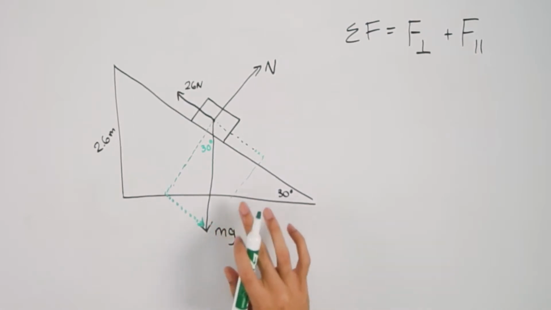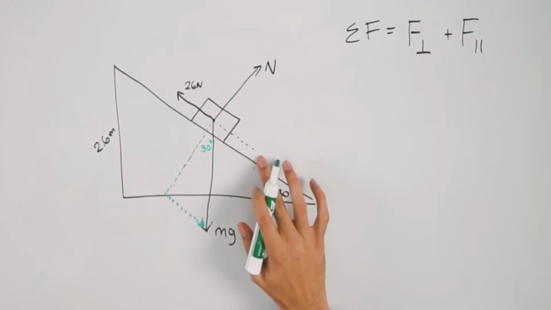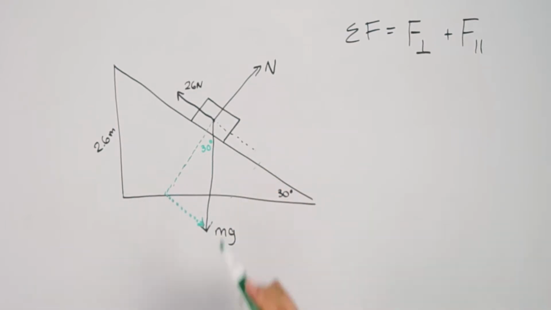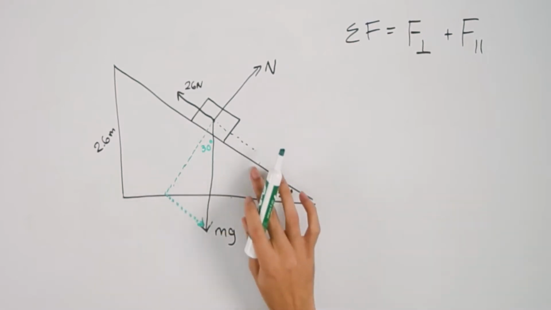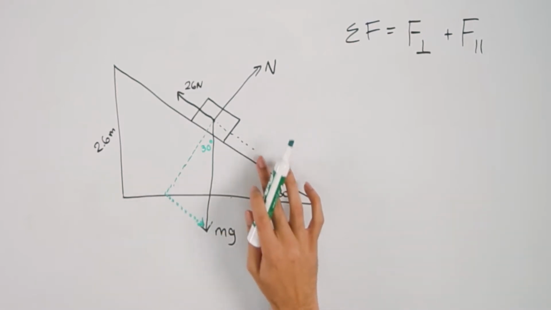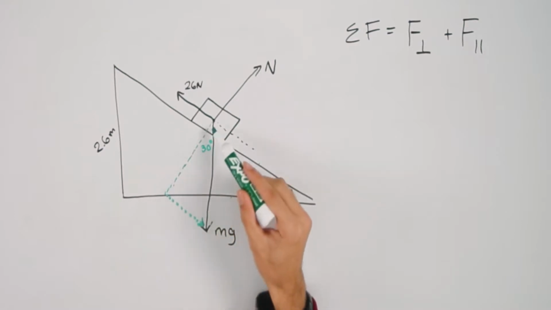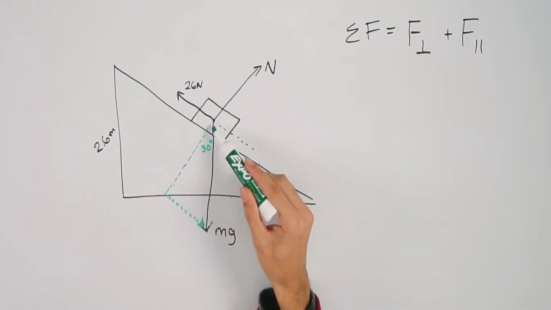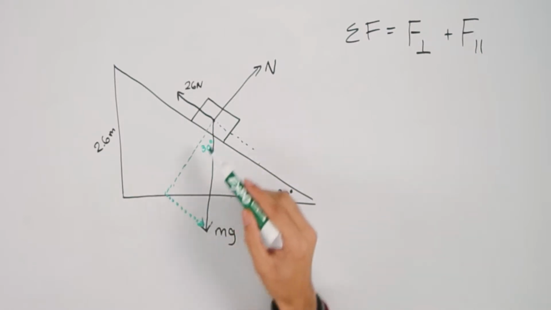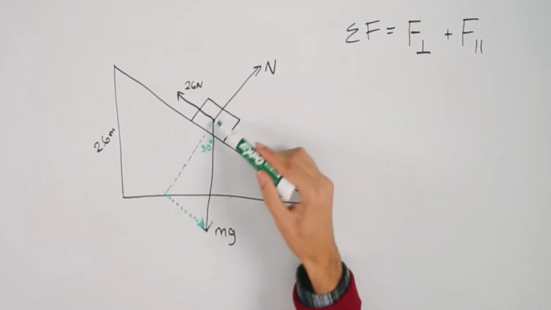So one thing I'd recommend you do if you're ever doing an inclined plane question is draw the triangle in a consistent format every time. The way I do it to make sure it's consistent is I will always draw my perpendicular component along the same line as the normal force.